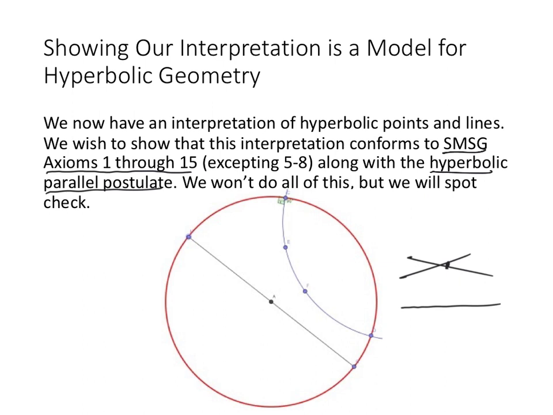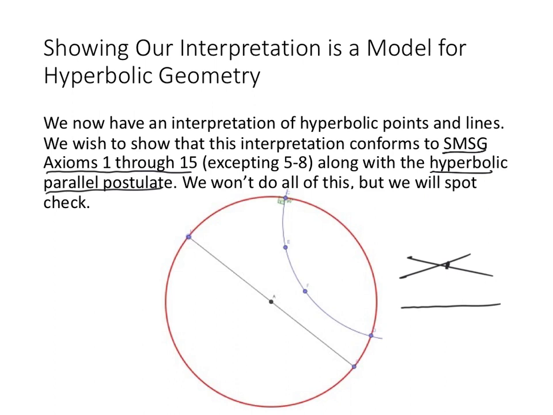But one thing we would like to know before we go proving a whole bunch of theorems is whether this hyperbolic geometry has a chance of being consistent. Now remember from chapter 1 that we can show that an axiomatic system is consistent if we can produce a concrete model for it. And so that's the point of section 6.6.